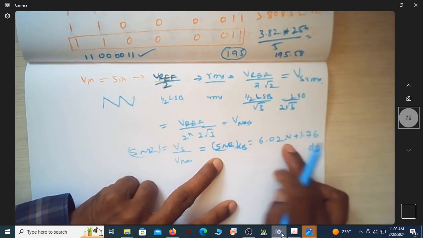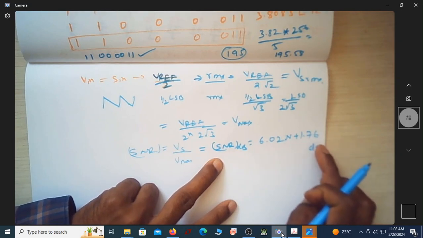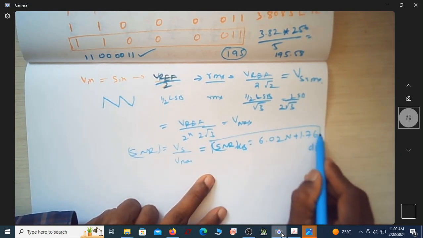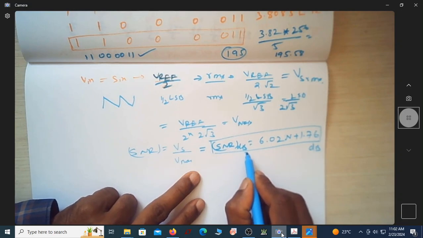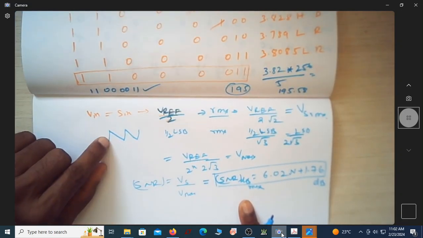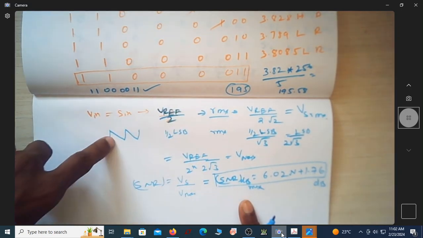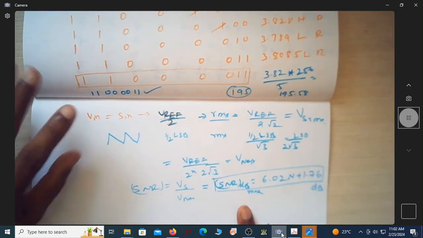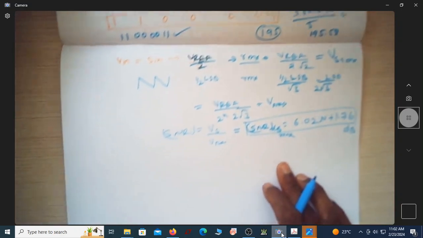So this is SNR max, the maximum SNR you can think of, having minimum error and maximum signal amplitude.